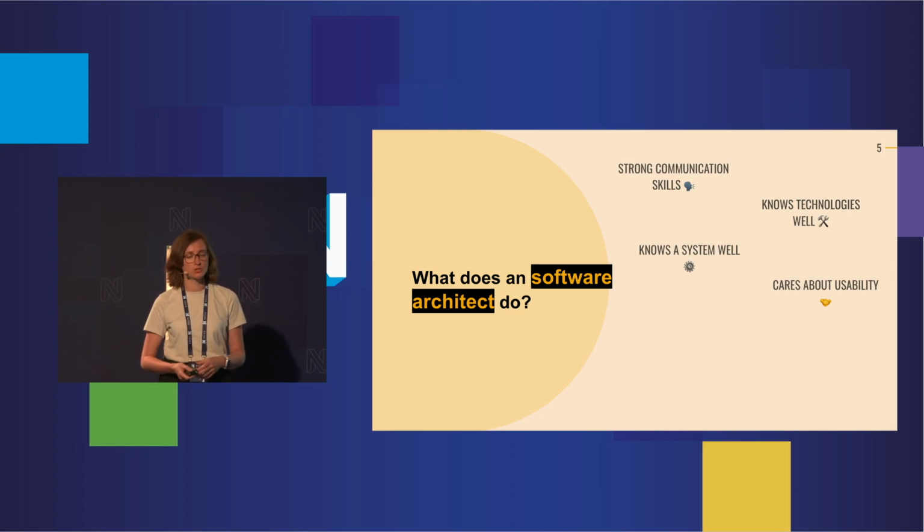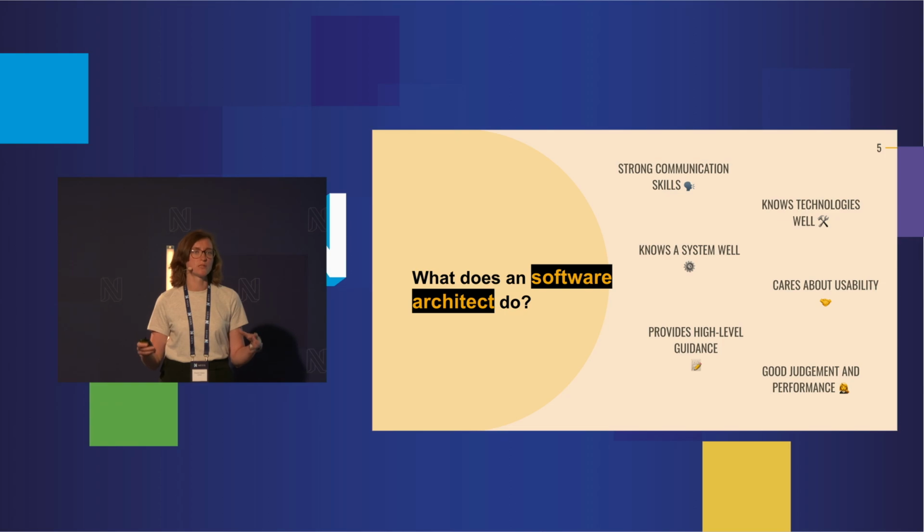They provide a lot of high-level guidance, meeting with different teams, front-end developers, maybe the CTOs or certain stakeholders or clients to help make decisions that influence the business over a longer time. And generally they have really high performance, and good judgment that considers the business and more than just the framework, for example.